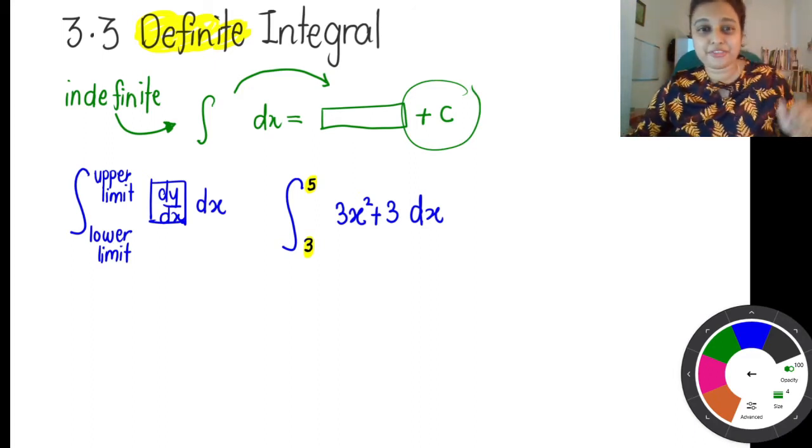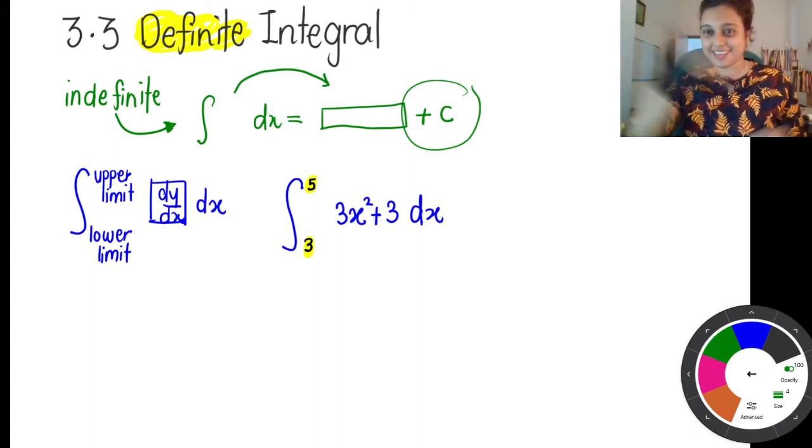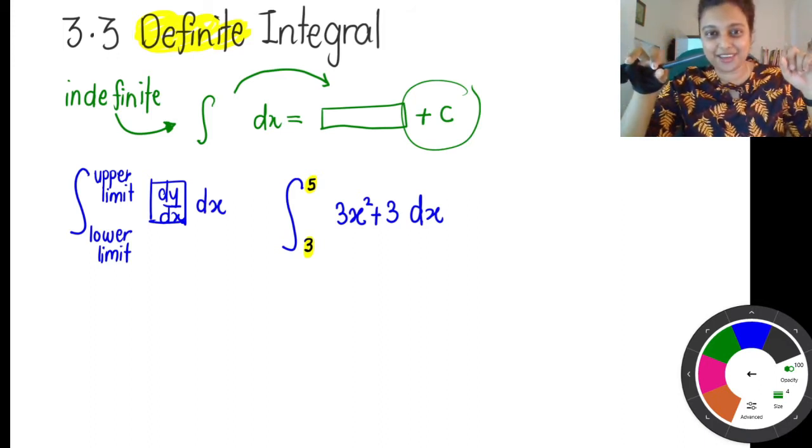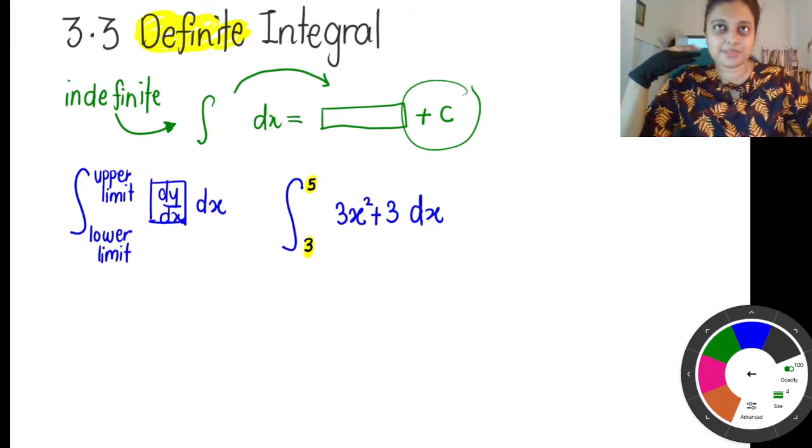Because most of the time when students do the indefinite, I know most of you will forget to put the c at the back, plus c, plus c. So I usually keep something, you make the c, choose something to resemble the c, like, oh, I must always plus c.